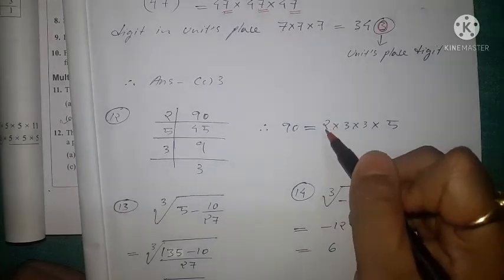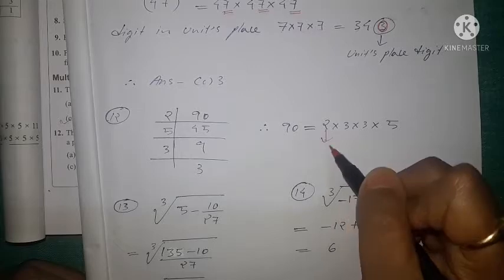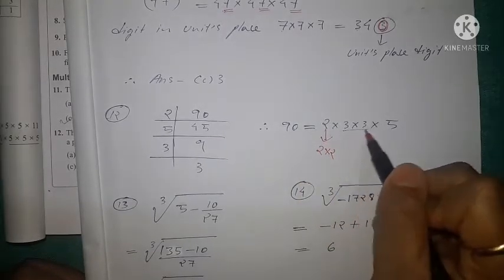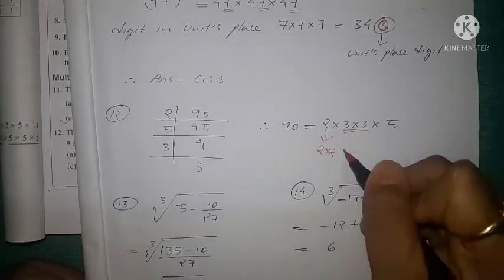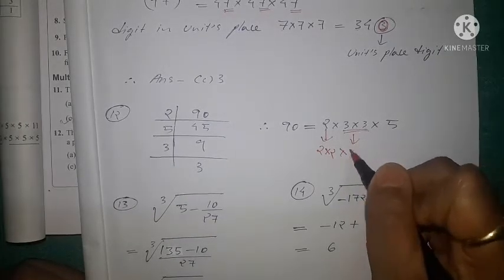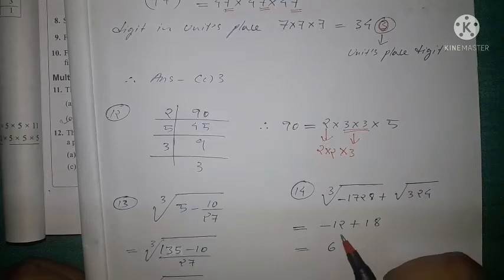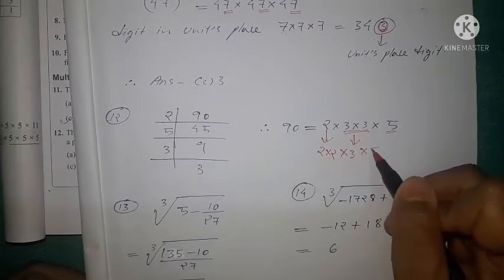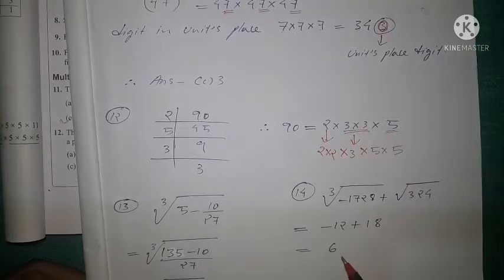Here one 2 is there, so we need two more 2's to make a group. Here two 3's are there, so we need one more 3 to complete the group. Since one 5 is there, we need two more 5's to make a group.